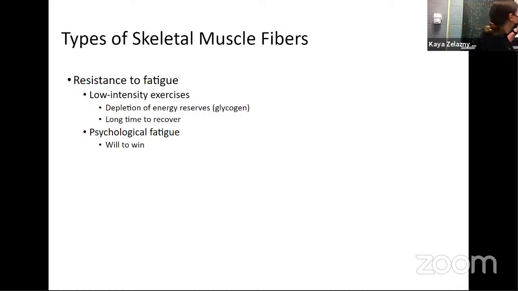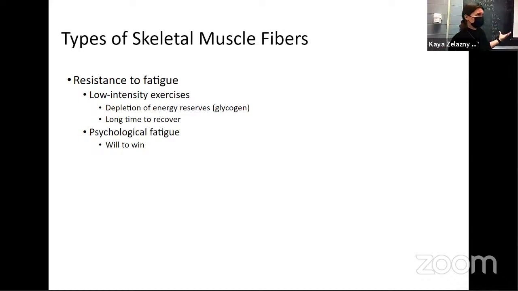So let's say we were talking about a fast oxidative fiber, right? Because we've got glycogen here. It's going to take a longer time to recover from these low intensity exercises once we hit that fatigue point. For example, we need to build up that glycogen again. That takes some time, right? It's just a fact. It takes more time to recover from.